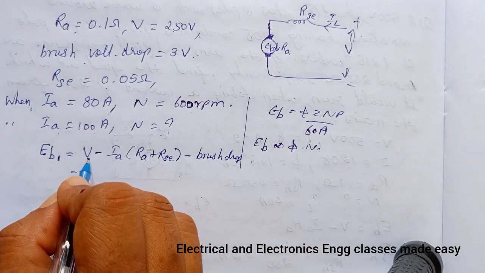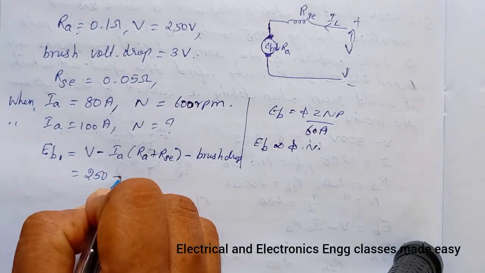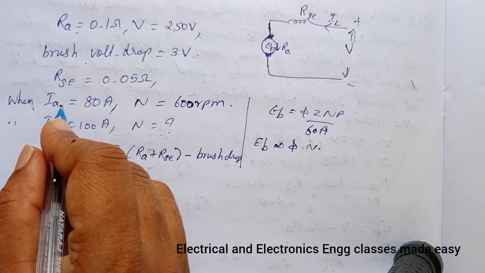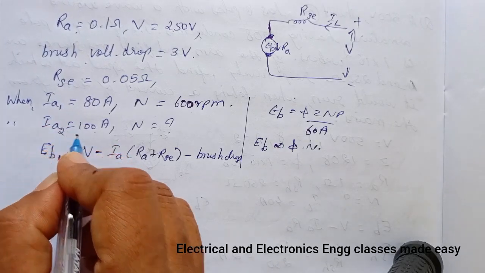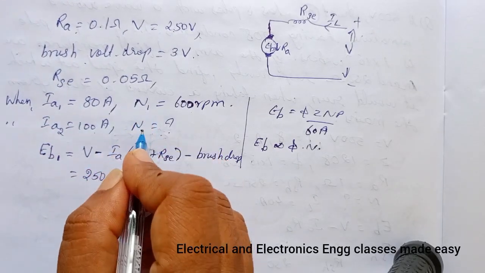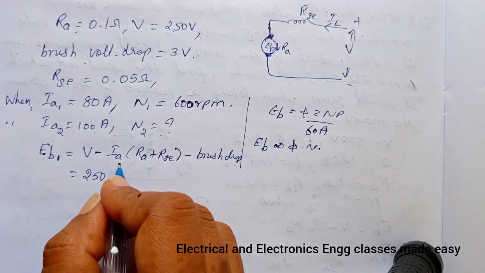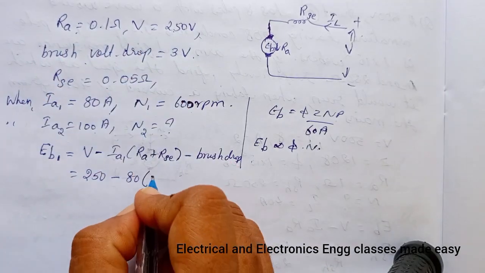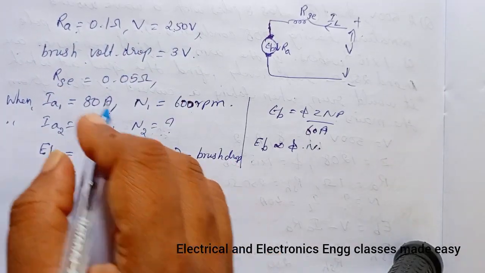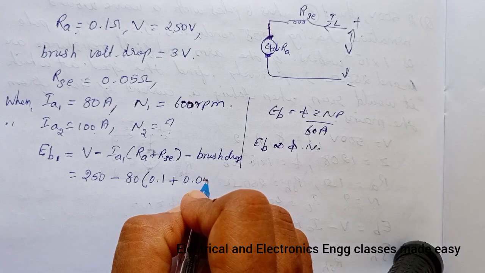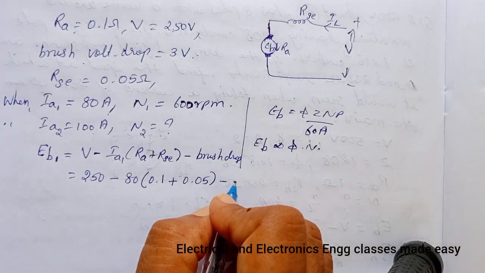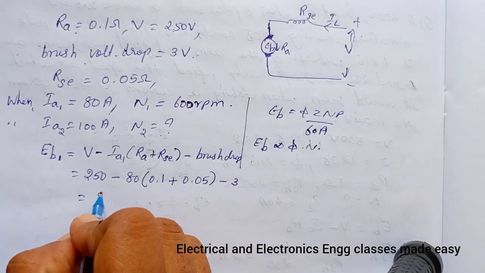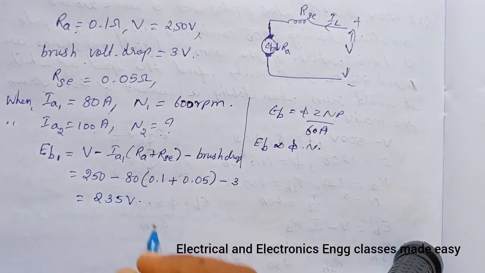So in the first case, 250 minus Ia, when Ia is equal to 80 amperes, that is Ia1 and this is Ia2. Let this be N1 and N2 we have to find. So this is 80 into RA is 0.1 plus RSC is 0.05 minus 3, and we get it as 235 volts.